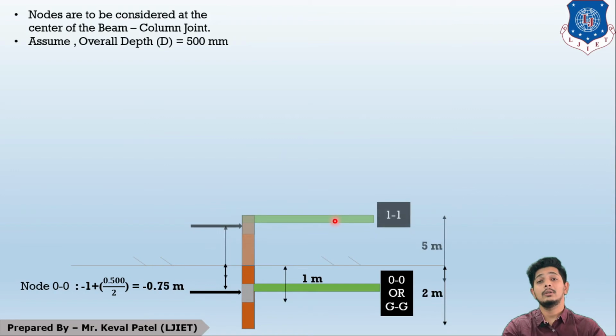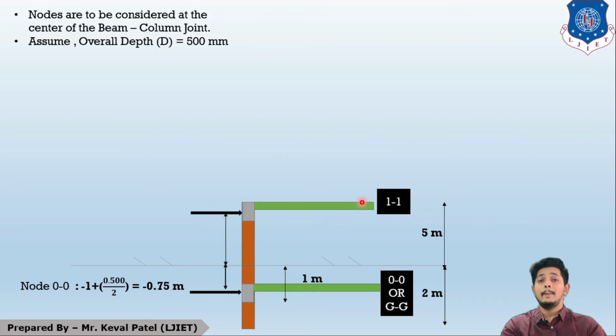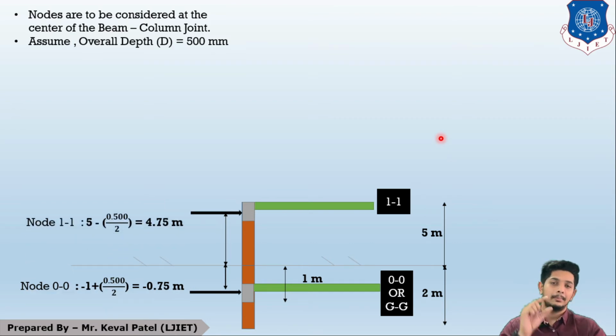Now talking about another story, that is node 11. It is the first story, so we can take its height up to 5 meter. Otherwise, uniform height is assumed as 4 meter for every story. Here, as the height from the ground line is 5 meter, for nodal distance I will do 5 minus 0.500 by 2, where 500 is the overall depth of the beam. The center of the beam will be half the depth, and that is why 5 minus 0.500 by 2.